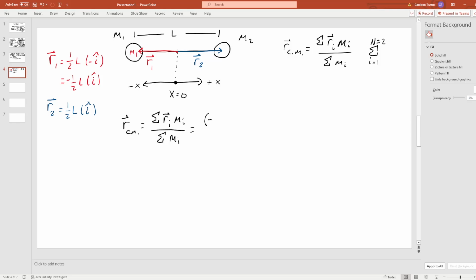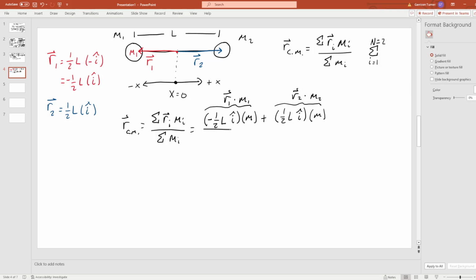So this is -1/2 L in the I direction times M. So here is R1 times M1 plus 1/2 L in the I direction times M. And this is R2 times M2.